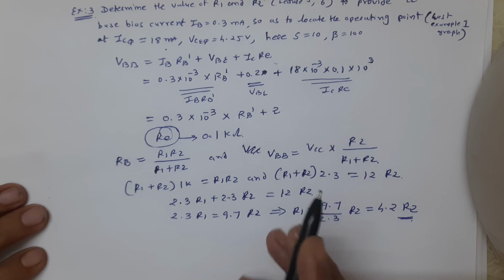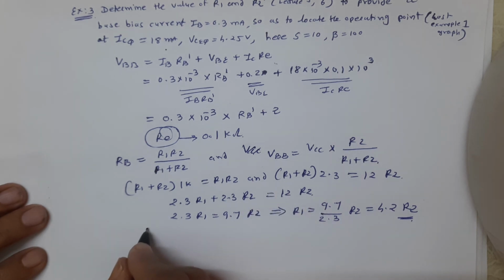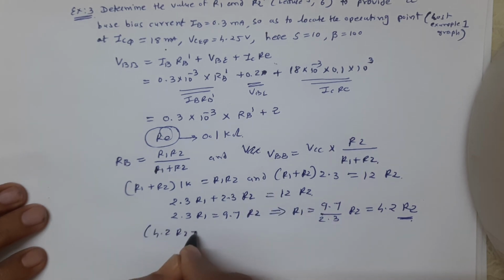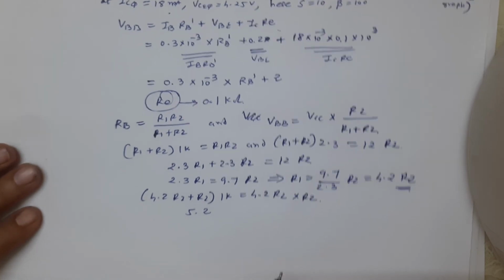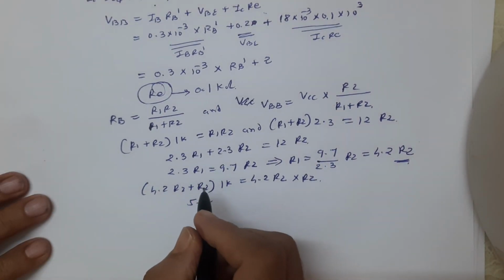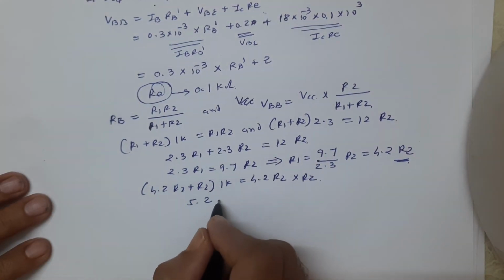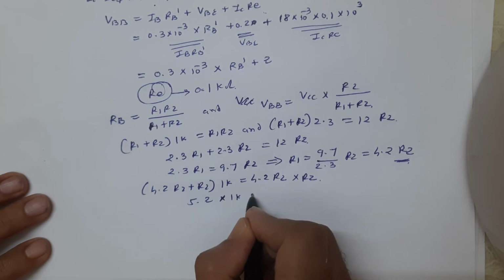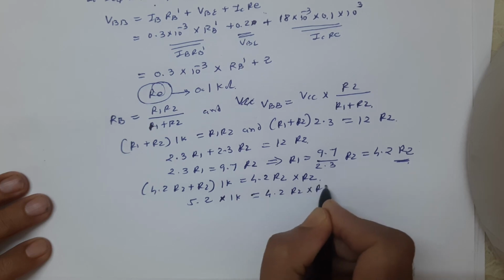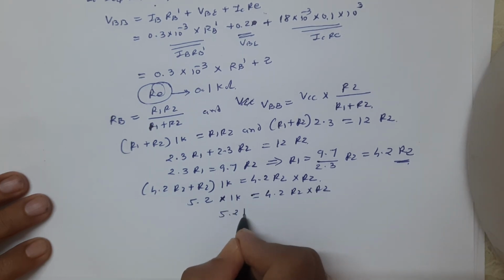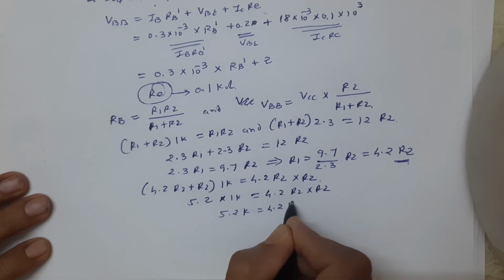Substitute this in our first equation: 4.2 R2 plus R2, into 1K, is equal to 4.2 R2 into R2, that means 5.2K is equal to 4.2 R2.